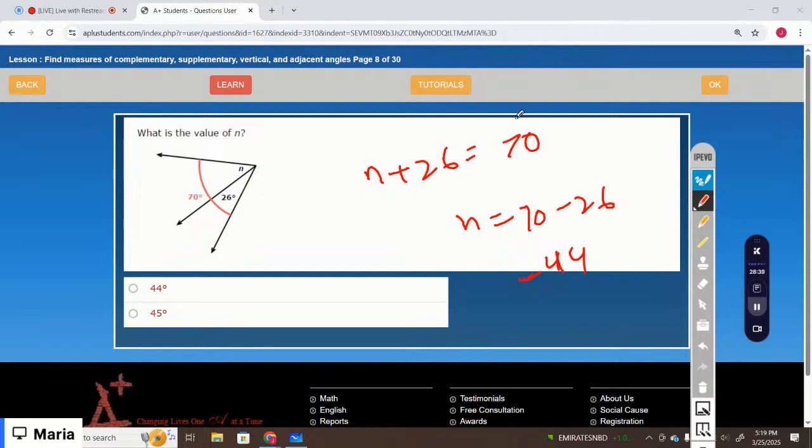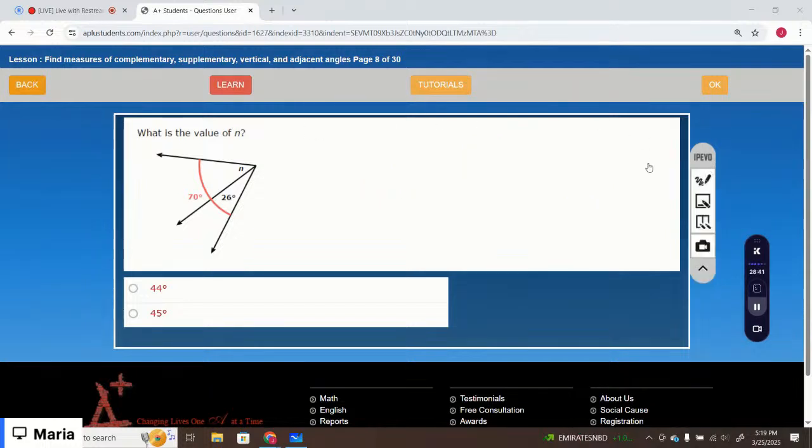You can complete the lesson by yourself later today. Let me just move on to the next lesson, and that is the last lesson from the chapter.